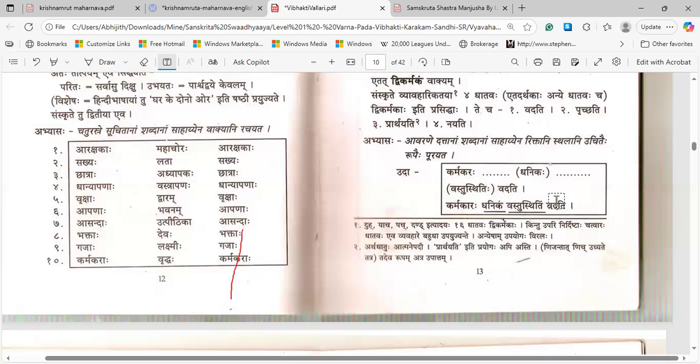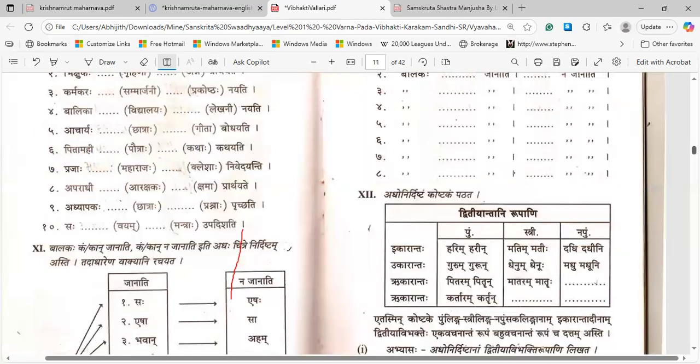Okay, so like this, dhanikaha becomes dhanikam, vastusthitihi becomes vastusthitim. Both of them get converted to Dvitiya Vibhakti. Now the abhyasa is pretty simple. They have given 10 sentences.